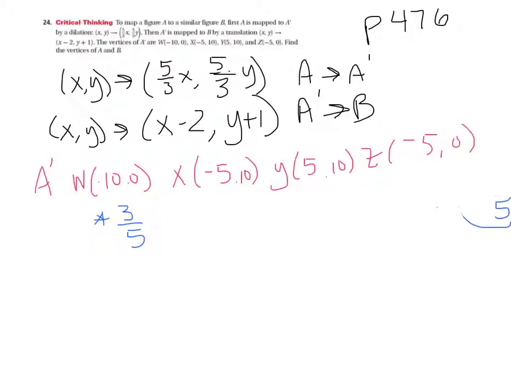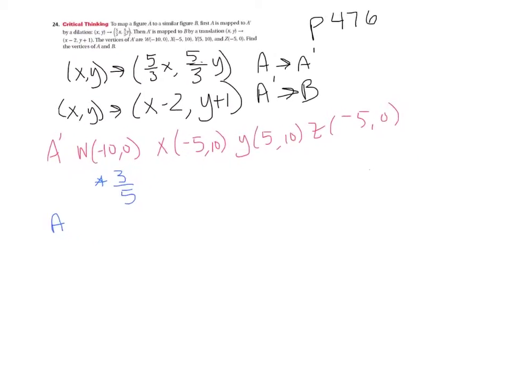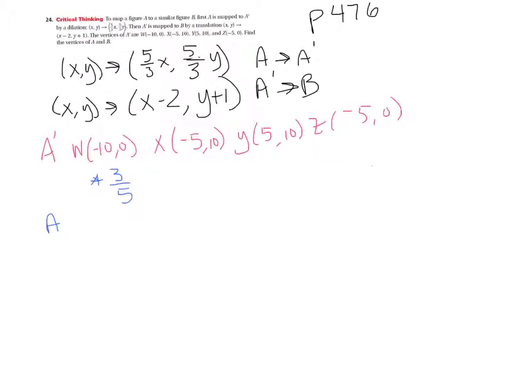I'll just call it A. So I need to take -10/1 and multiply by 3/5.